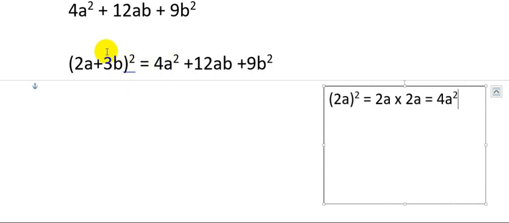So you take the square of the first term and write it as the first term of this expression.